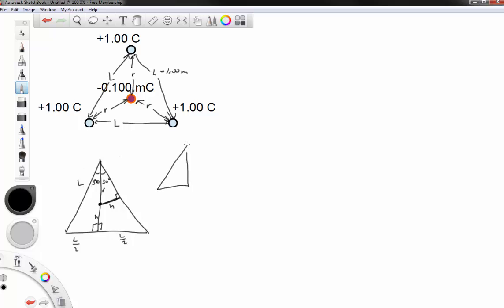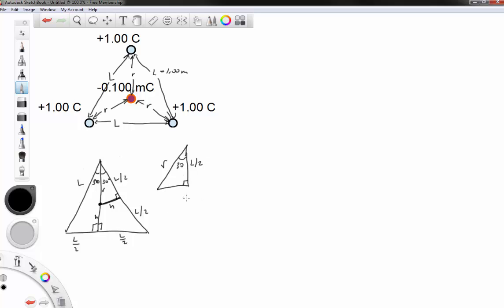And that new 30, 60, 90 triangle has a right angle here, has a hypotenuse of r. It's bisecting this thing, so this is L over 2, just like this is L over 2. So 30 degrees would be here. This is L over 2.